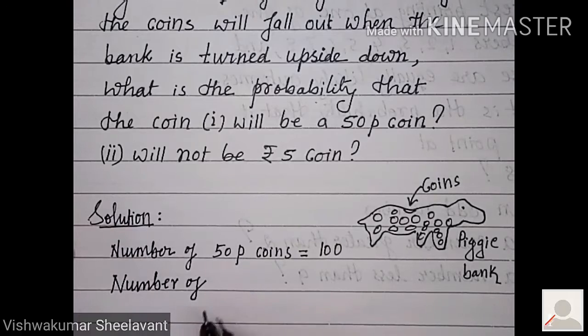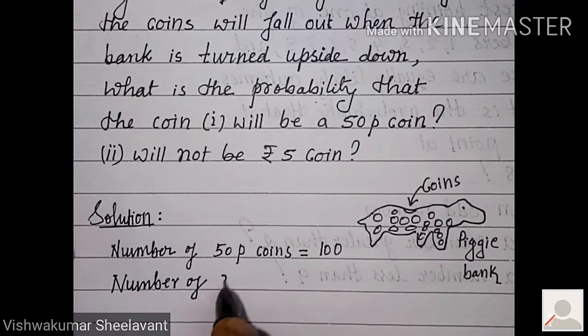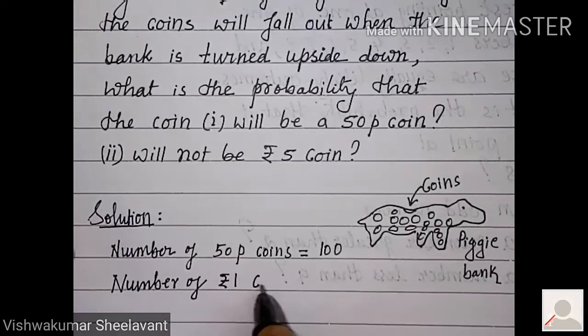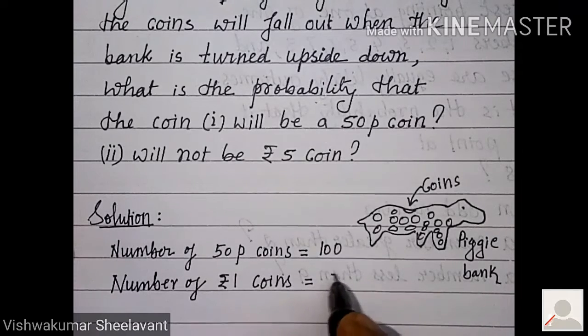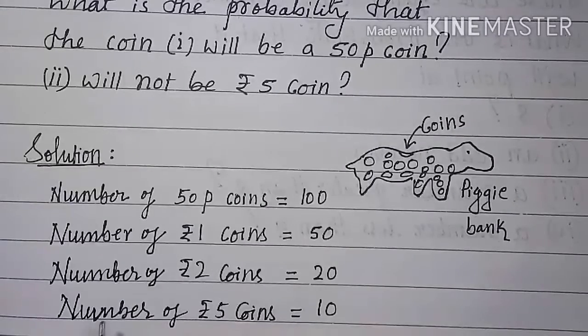Number of rupee 1 coins, 50. Number of rupee 2 coins is 20 and number of rupee 5 coins is 10.